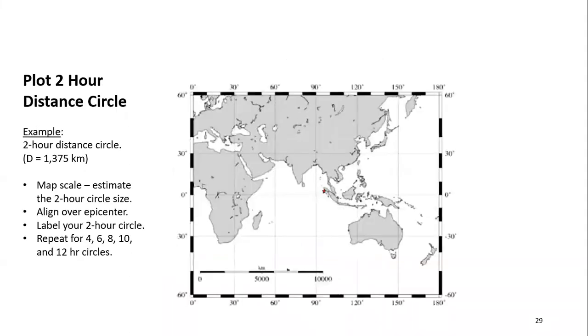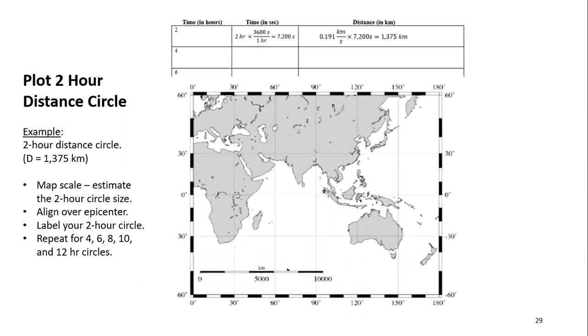How to draw the first 2-hour distance circle. First, you will look to your table. You should have calculated that your tsunami traveled 1,375 kilometers in 2 hours. Next, utilizing the map scale bar, as seen here, you'll determine the size of your 2-hour circle.